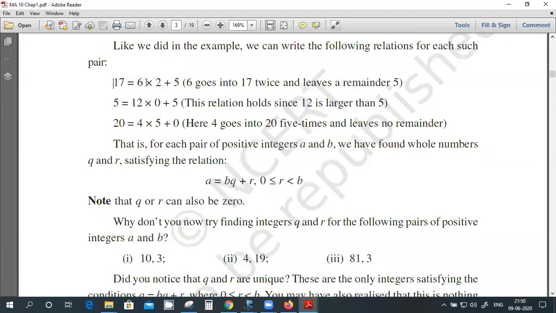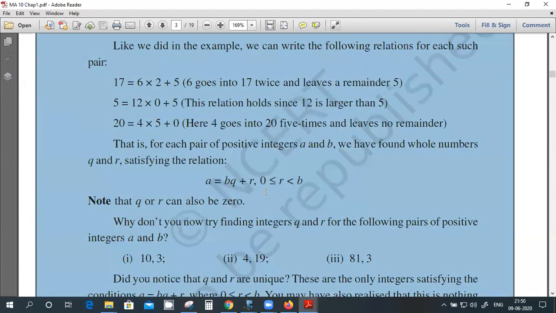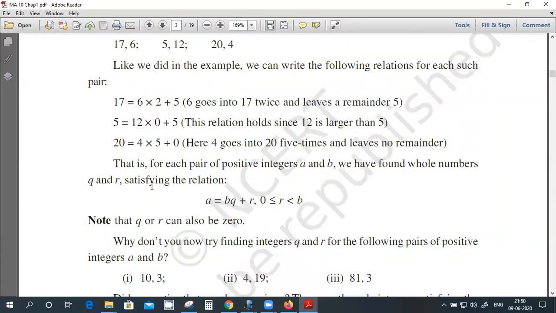So for example, 17 equals 16 into 2 plus 5, right? For a given A and B, there is a unique value of Q and R satisfying this condition, where R is greater than or equal to 0 and less than B. That is Euclid's lemma.